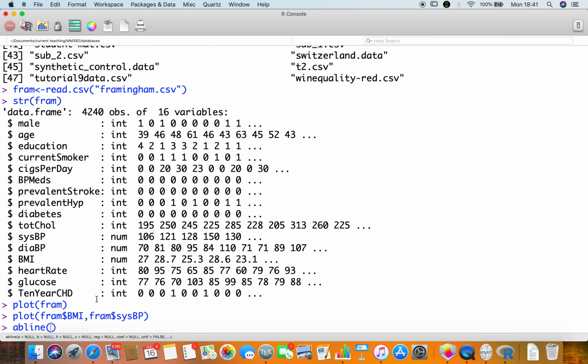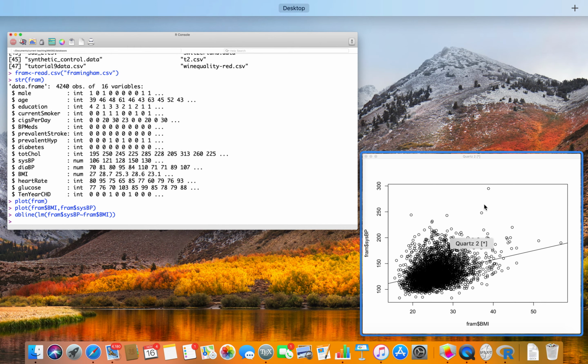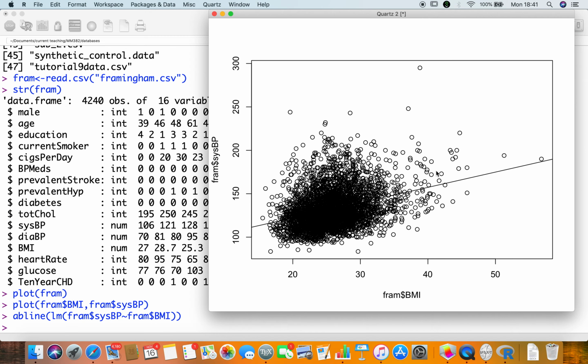So I'm going to have blood pressure on the y-axis. And if I toggle back again, this is what I get. So all I've done here, guys, is I've plotted the regression line along with the data.